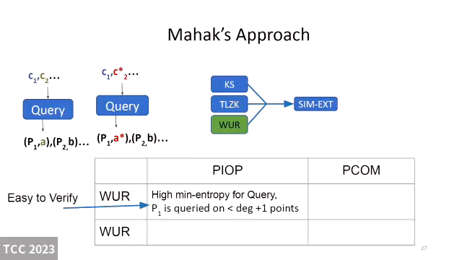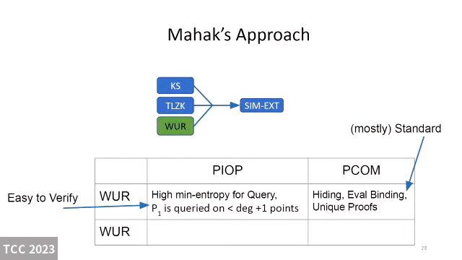We need a second property, which is just that the first polynomial shouldn't be evaluated at all distinct points, like all degree plus one distinct points, which just means don't reveal the entire polynomial in the open to the verifier. From the commitment scheme, we need the standard hiding and binding, and unique evaluation proofs, which is not the most standard property, but for the KZG scheme we show in a very simple way that it satisfies it.